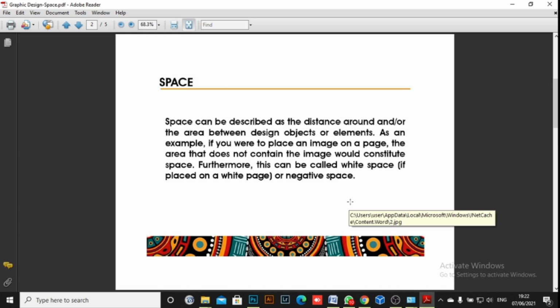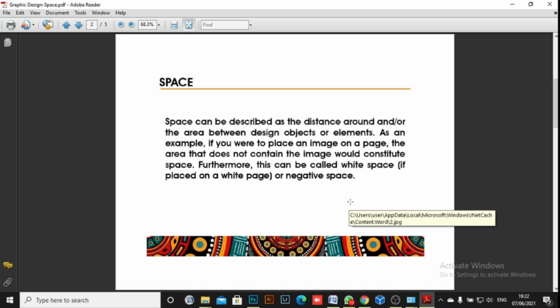We use it effectively to give the eye a rest, and it also leads the eye to where you want it to travel.